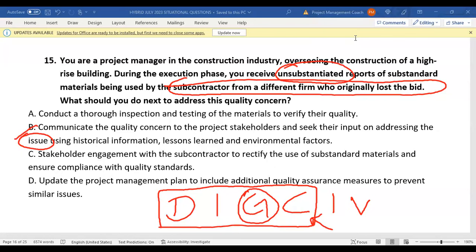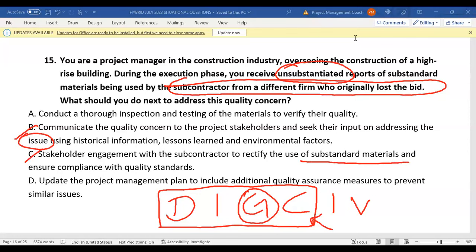C says stakeholder engagement with a subcontractor to rectify the use of substandard materials and ensure compliance with quality standards. Now, while that sounds good, you still don't know if this is the case. So that is presumptuous, and you wouldn't choose C because you don't know for sure.